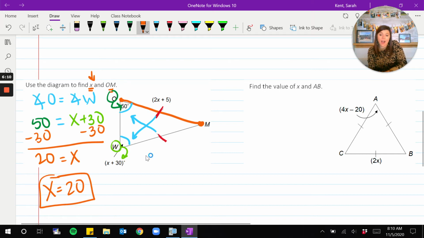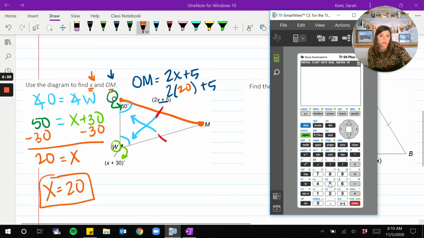But now I still need to find OM. So if I look here, O to M, I have 2x plus 5. So now that I know x is 20, I can rewrite this with 20 in the parentheses. So to get my answer, I can use my calculator and look for 2 times 20 plus 5.